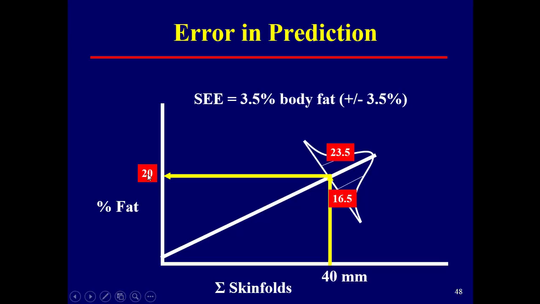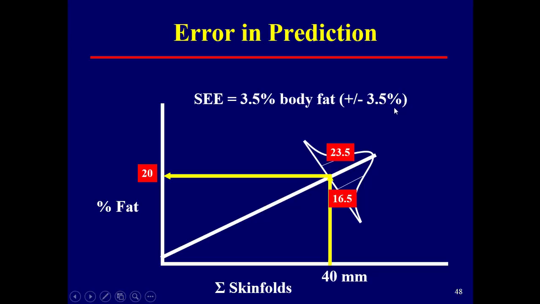But there is error, and there is published information showing us that the standard error of the estimate when predicting percent body fat by sum of skin folds is actually equal to plus or minus 3.5% body fat.